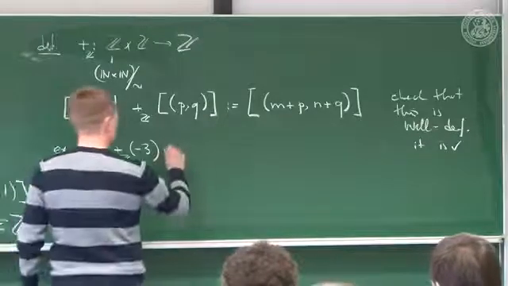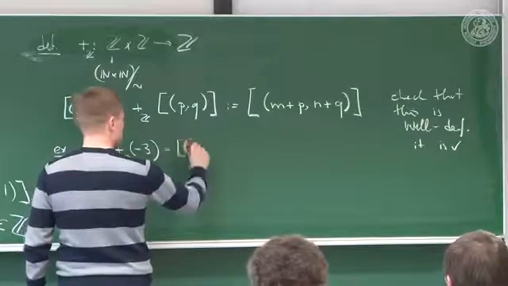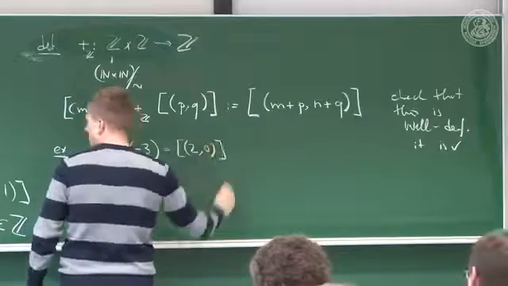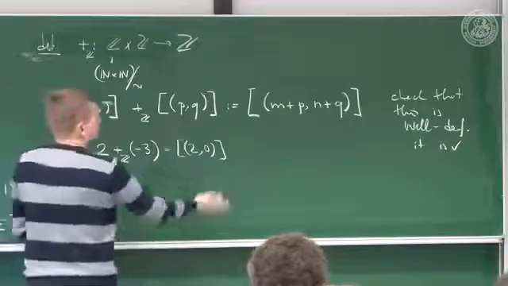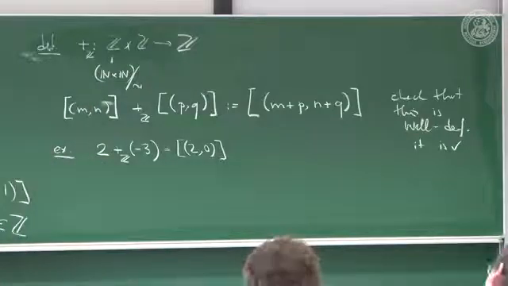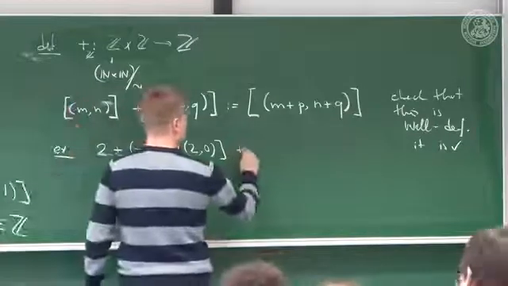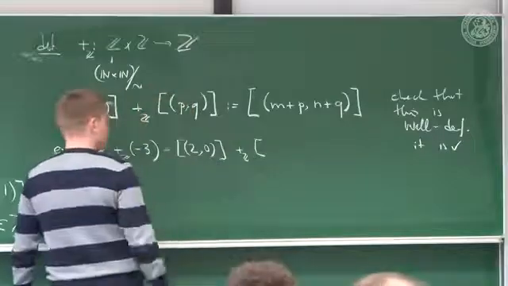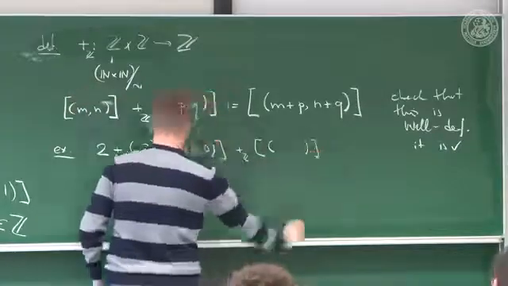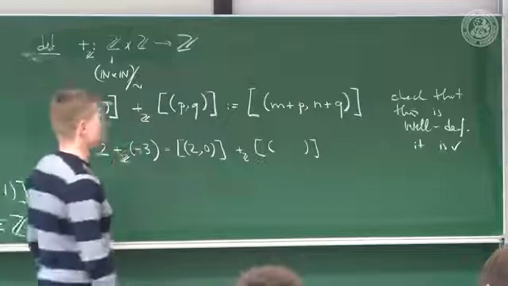So what is this? Well, the 2 in Z is 2, 0. It's this rule here. I could have written 3, 1. Okay, 2, 0. Then comes the plus in Z. Then comes the class represented by one representative of the class minus 3.